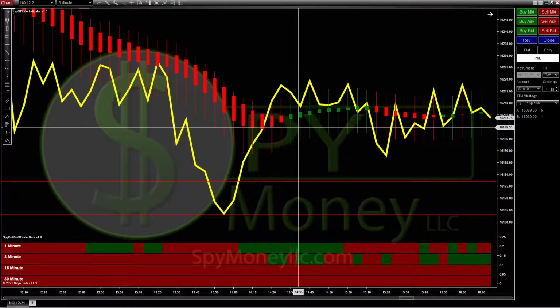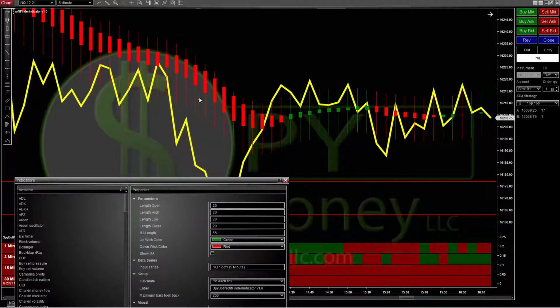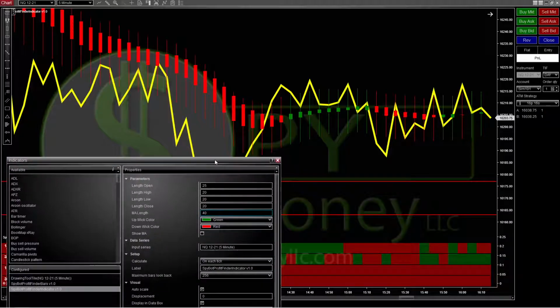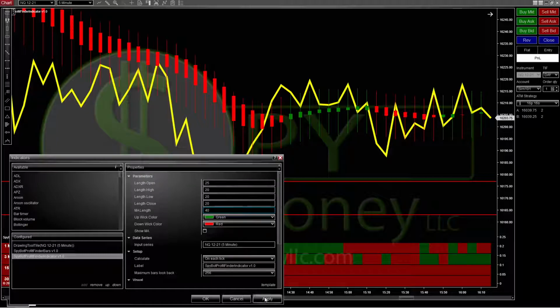To give you an idea of the difference, if you watch these bars up here, I'm going to change this to, say, a 40. Change it again here.